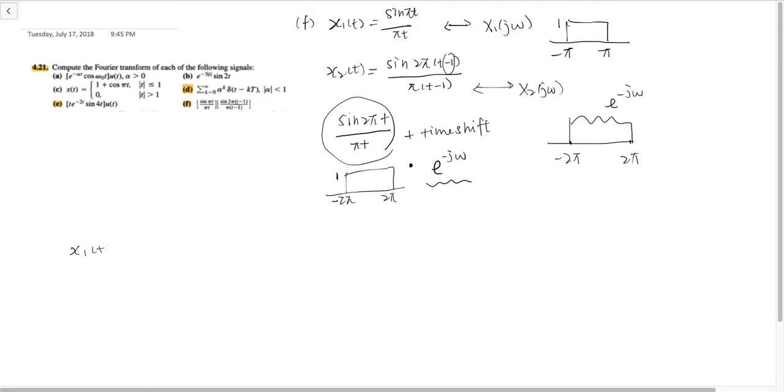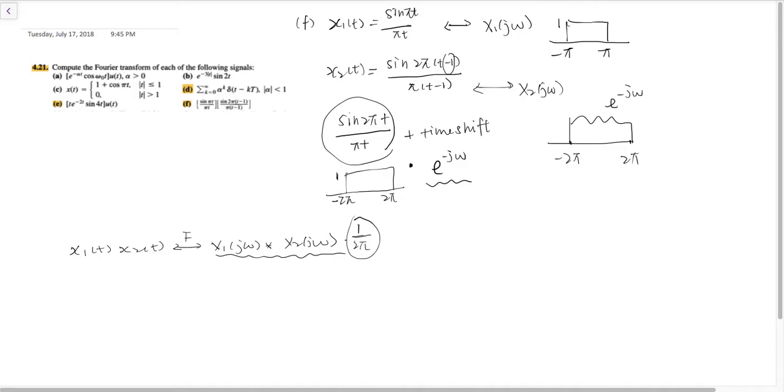Because recall the multiplication property: when two signals multiply together in the time domain, in the frequency domain it's actually their Fourier transform convolution times 1 over 2 pi. Don't forget about this part. It's really easy to ignore. So now what we need to do is this convolution.